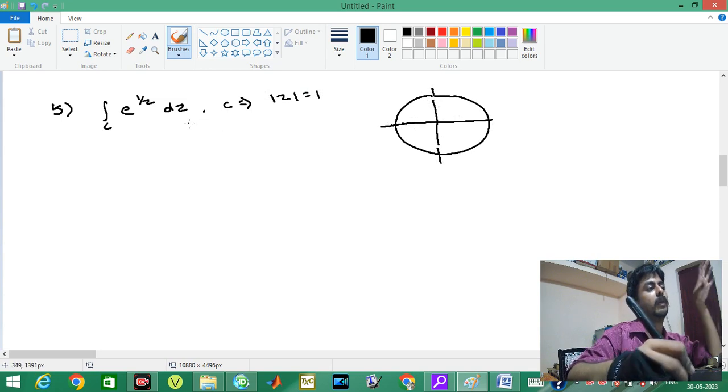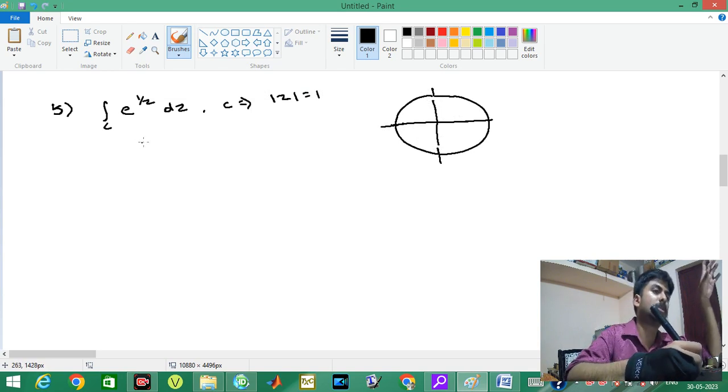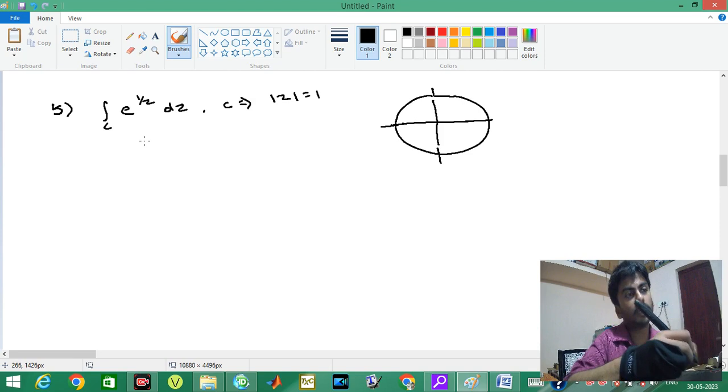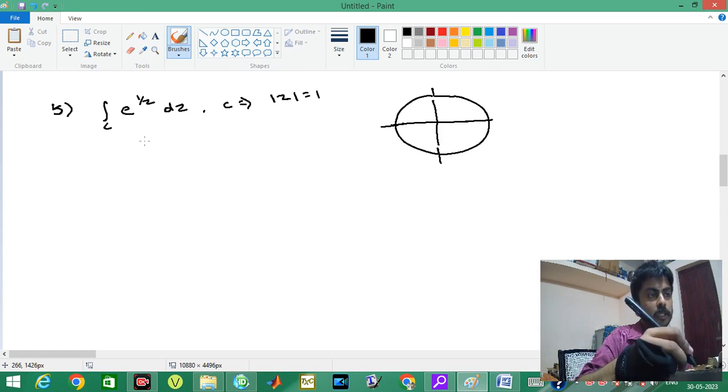Okay, we have to convert this function to the corresponding trigonometric functions. From the trigonometric functions we have to get r and theta, and from r and theta we have to draw the circle. So if I do so, I have to convert this modulus of z to the polar coordinate form, that is z equal to r e power i theta form.